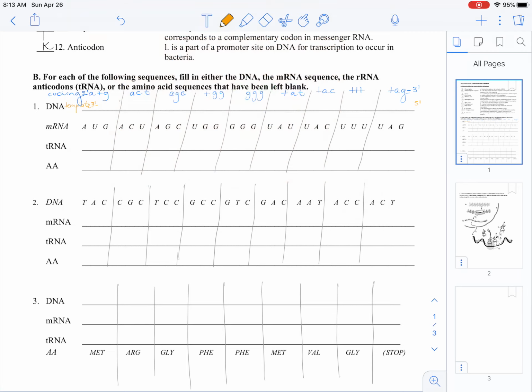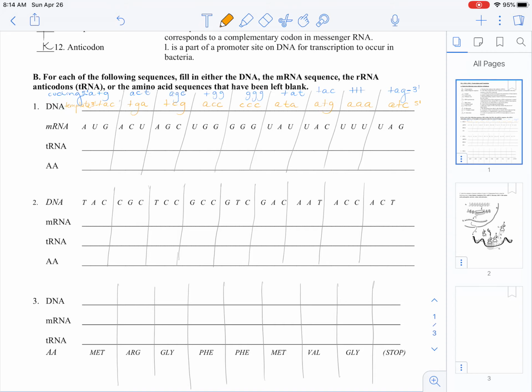The template strand for this sequence is going to be specifically TAC, TGA, TCG, ACC, CCC, ATA, ATG, AAA, ATC.